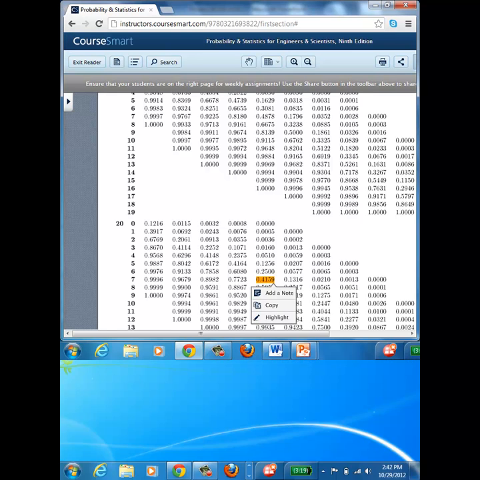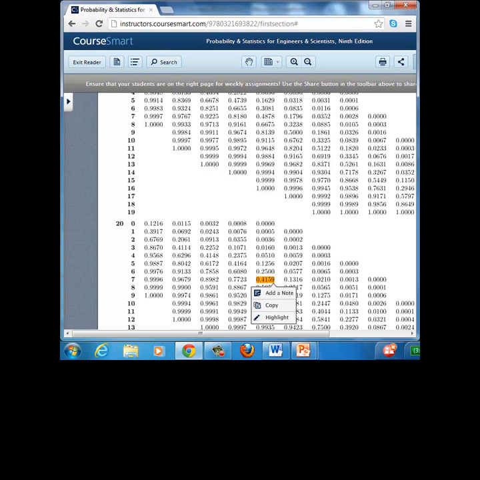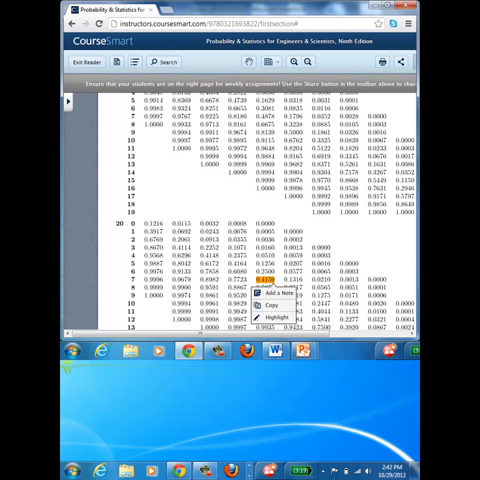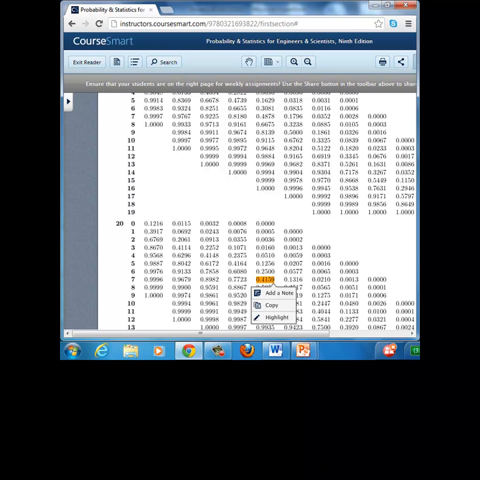Right. This is the probability of x being less than or equal to 5. So that includes 0, 1, 2, 3, 4, and 5. You only want the probability of x equals 5. So you need to subtract this cumulative distribution, the probability of x being less than or equal to 5, minus the probability of x being less than or equal to 4.